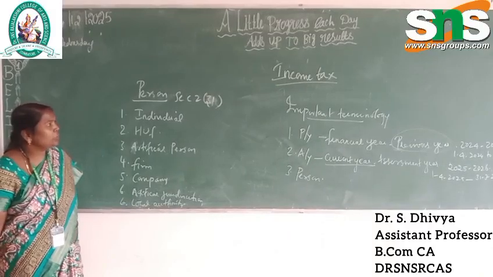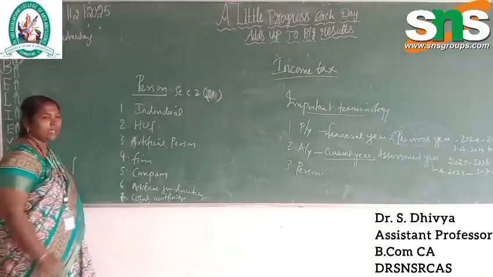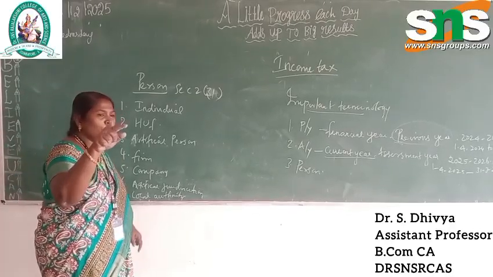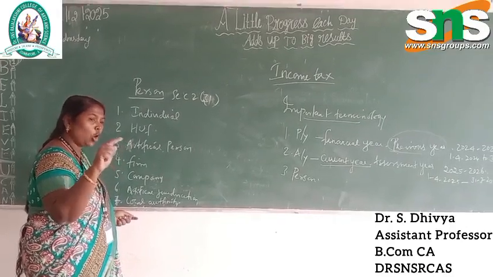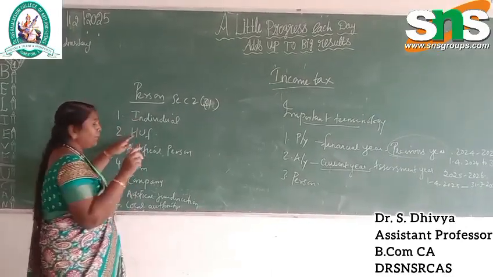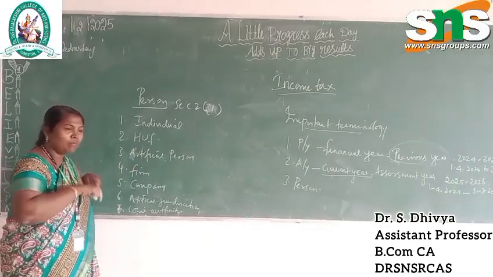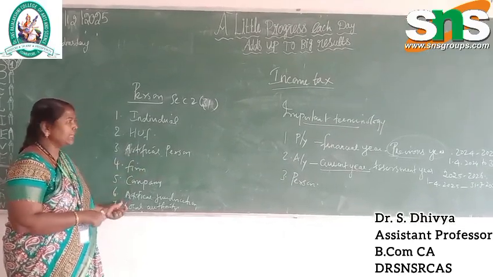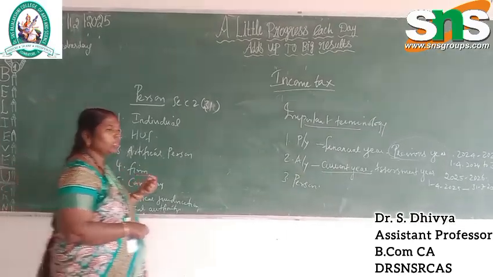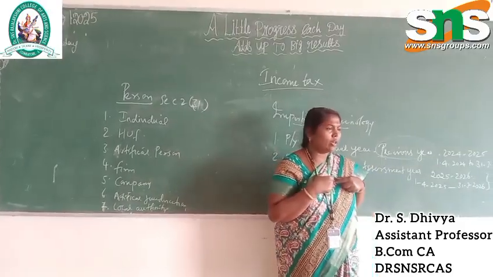Section 2(31) says these seven categories are called the person, because the five heads of income we all know, only that is the income tax. Income tax is paid not only by the individual person, but also by the Hindu undivided family, the company they are running, the firm or the authorities. So the person is split into seven categories. First, who is the individual? Might be called Divya.